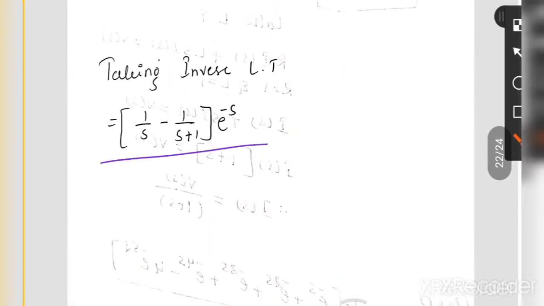Let's take the first one, that is 1 by s minus 1 by s plus 1, times e raised to minus s.